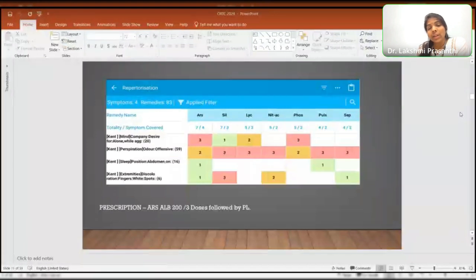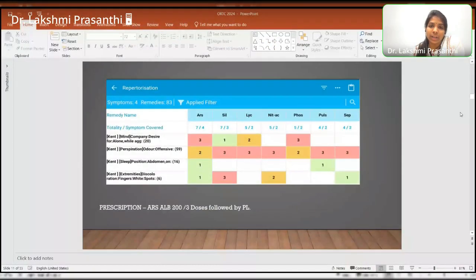So Arsenic was the first remedy which was coming in the repertorial chart. And other than that, the state of anxiety and the state of dyspnea in which the child was, Arsenic 200, 3 doses was prescribed, followed by PL. And the child did well.